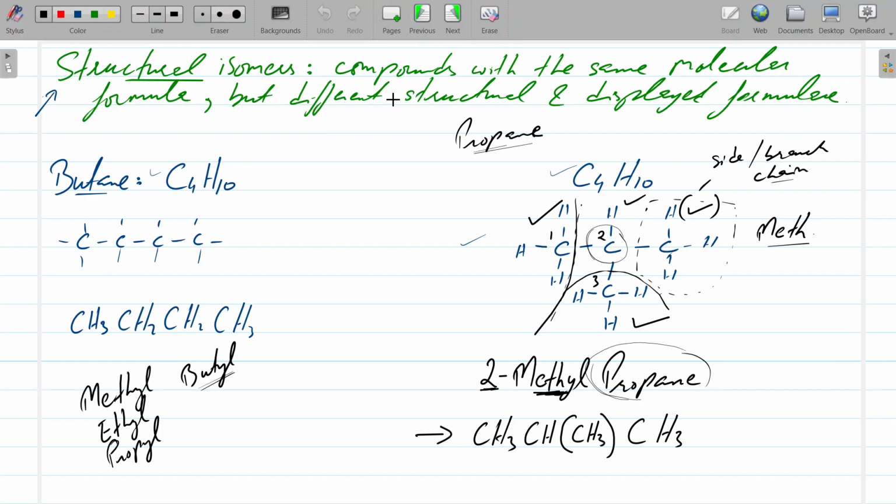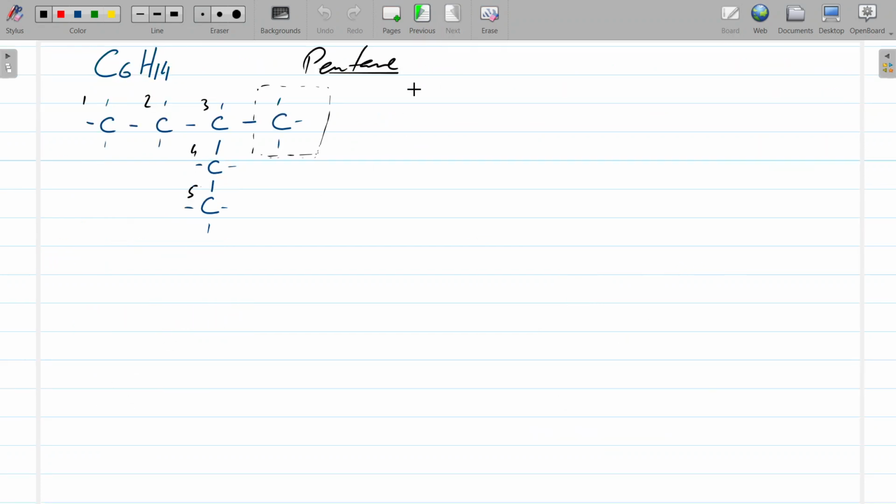Not methane. Methyl. Methyl, right? And which carbon is the methyl group attached to? Pentane.